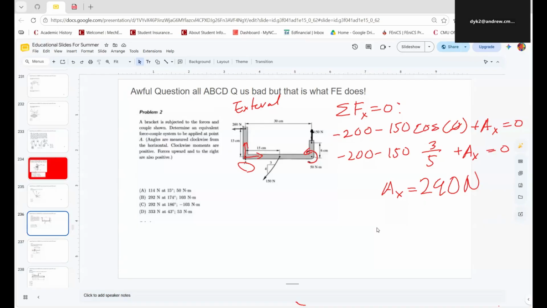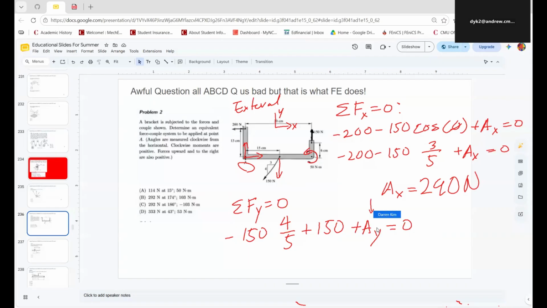Now we do a summation in the Y direction equals 0. Why is my mouse not working? Over here, we're doing this as our positive direction. So we already have minus 150, and it's obviously going to be 4 divided by 5 because we used the 3 one. So it's going this way, and then there is a plus 150 apparently, and I chose plus Ay equals 0, but I think it might be a minus here.